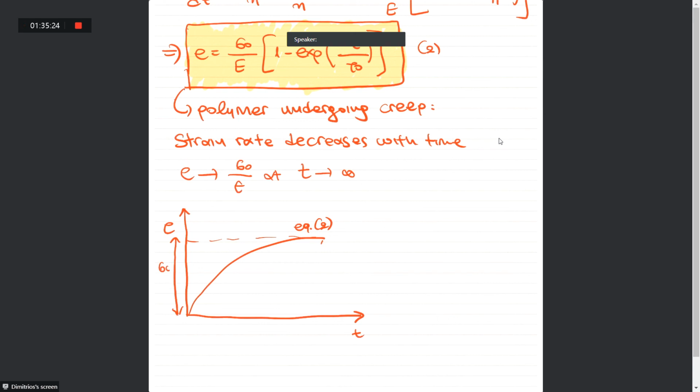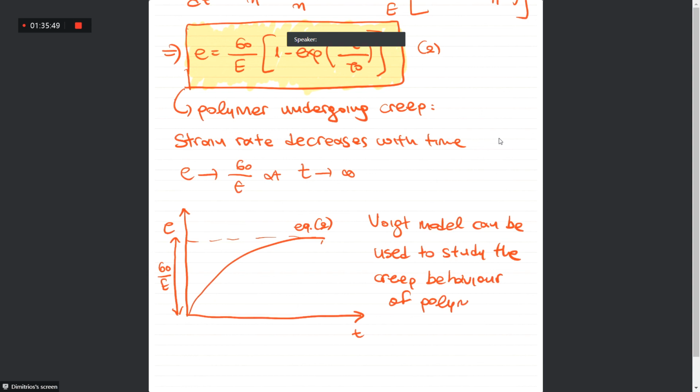And indeed, the Voigt model. We said before that the Maxwell model is not able to study the creep behavior of polymers.